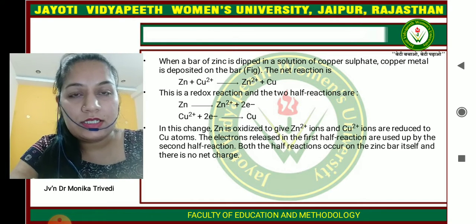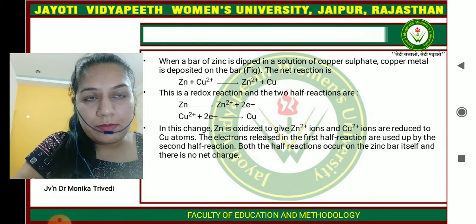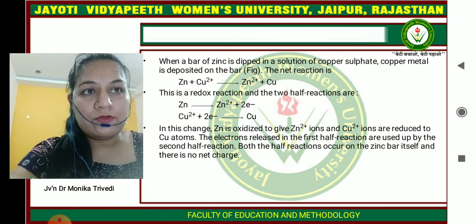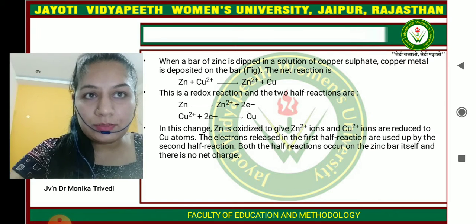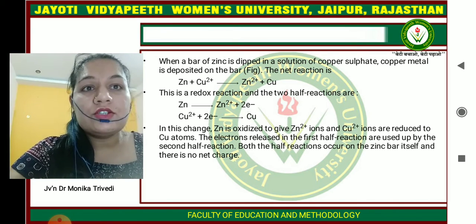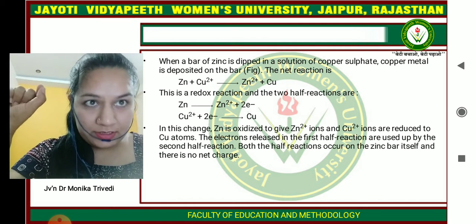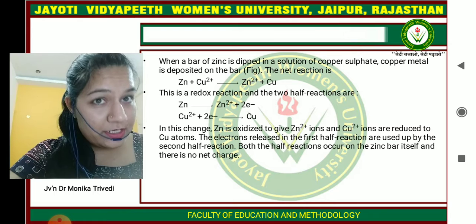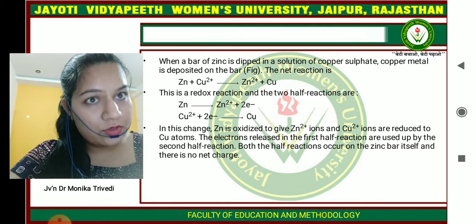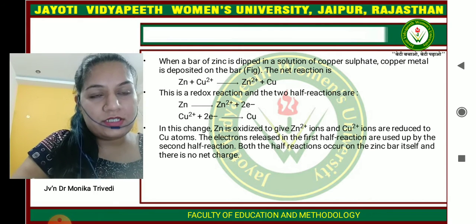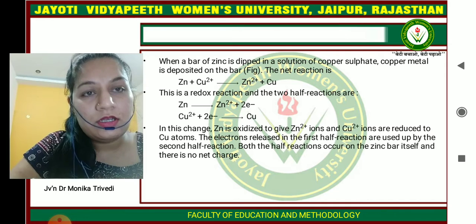In detail, you can see when a zinc bar is dipped in a solution of copper sulfate, the copper metal is deposited on the bar. So what happened when zinc plus Cu2+: the zinc is oxidized and copper is reduced. What is the half reaction for zinc?